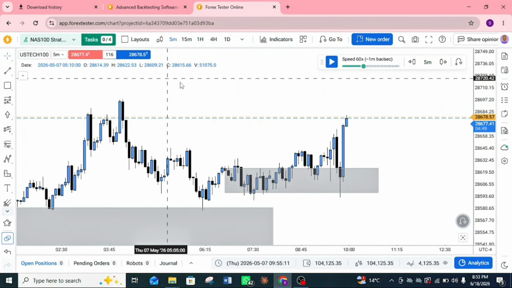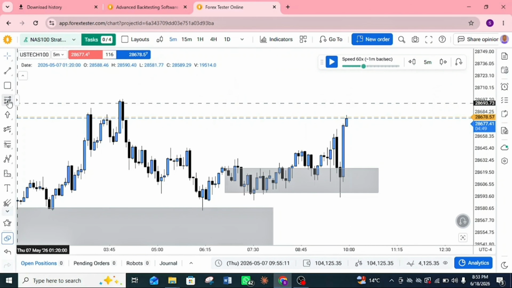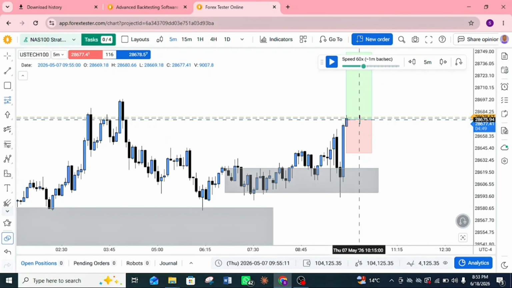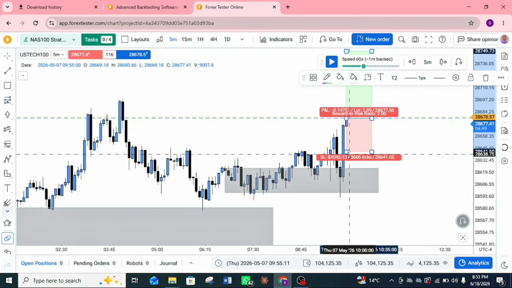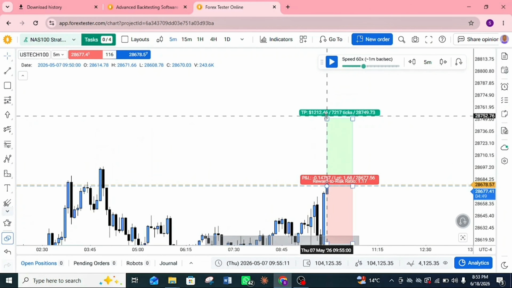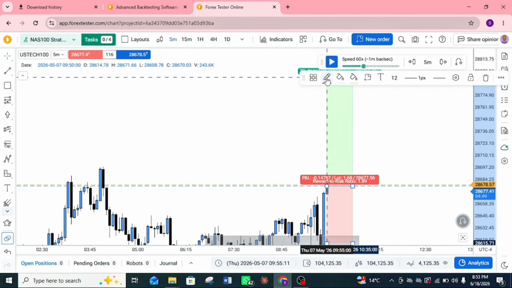Okay, I think we can execute this. Did play it a few seconds ahead, but I think I can execute it. From there, stop loss right there. Take profit 1 to 2.